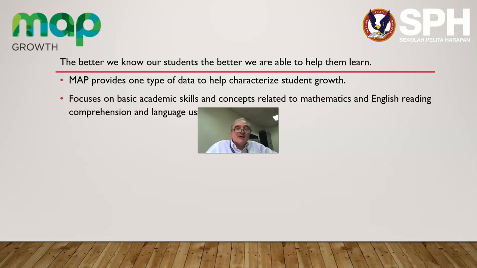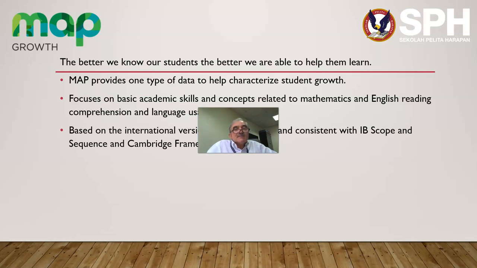It focuses on basic academic skills and concepts primarily related to mathematics and English reading comprehension and language usage. Some of our schools also use the science assessment as well. The content of the test is based on international version of the U.S. Common Core state standards. And according to both IB and Cambridge, these standards are consistent with the IB scope and sequence and Cambridge frameworks.